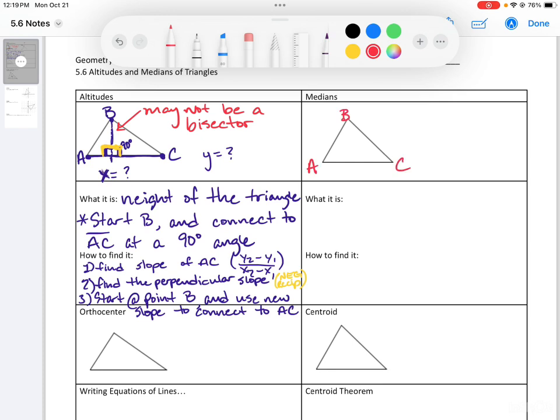All right, our second thing is our median. All right, our median takes this same triangle, and again, not necessarily a bisector, doesn't have to be a bisector, but it does create 2 equal triangles.